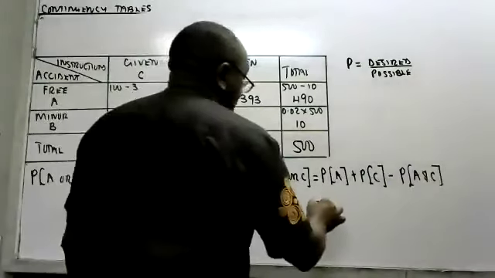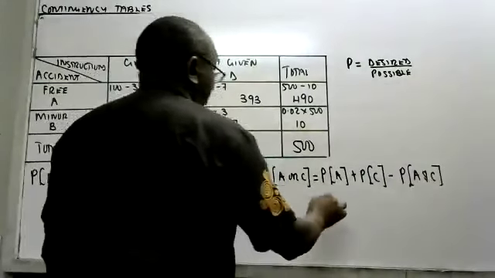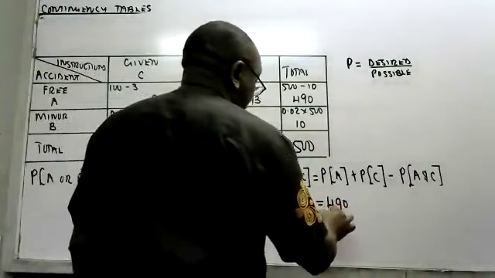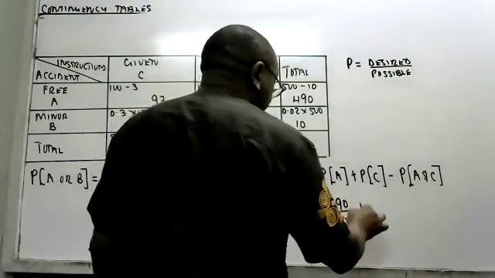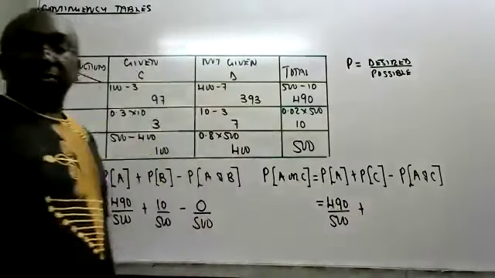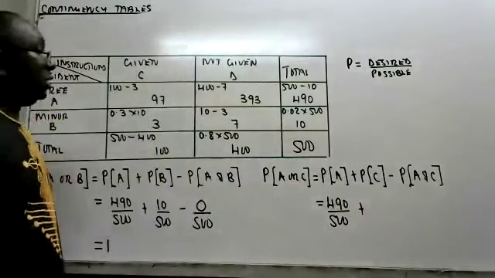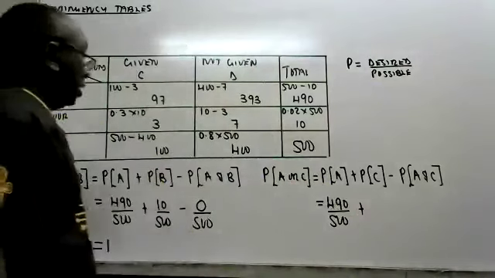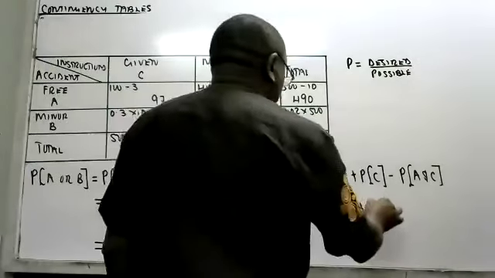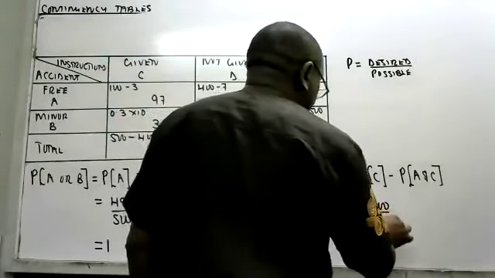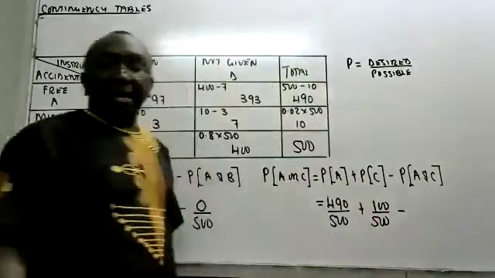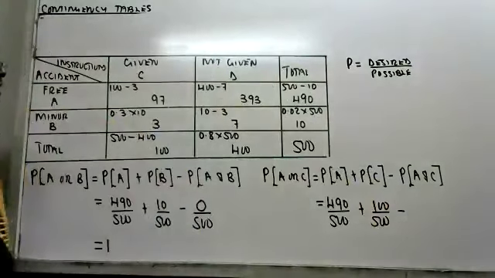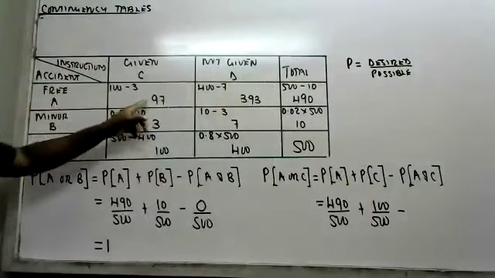So probability of A is 490 out of, I mean out of 500, plus probability of C. You got where we have C is 100 out of 500, minus probability of A and C, where A and C meet.